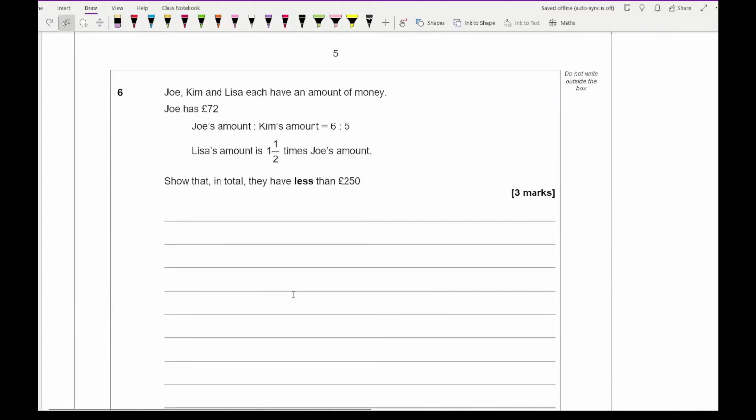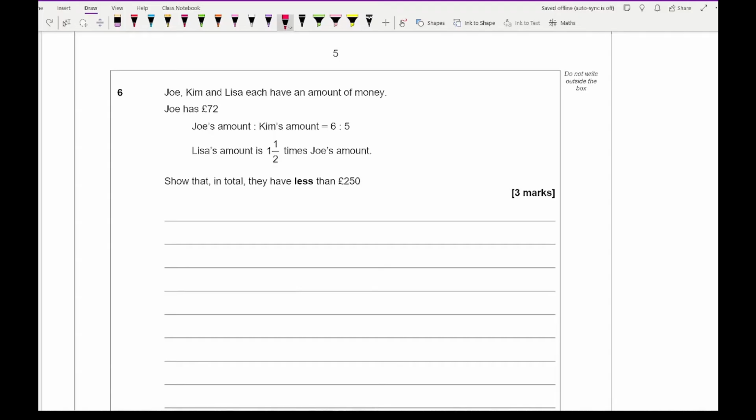Then moving on to question 6, it says that Joe, Kim and Lisa each have an amount of money. Joe has £72. Joe's amount to Kim's amount is in the ratio of 6:5. Lisa's amount is 1.5 times Joe's amount. Show that in total they have less than £250.